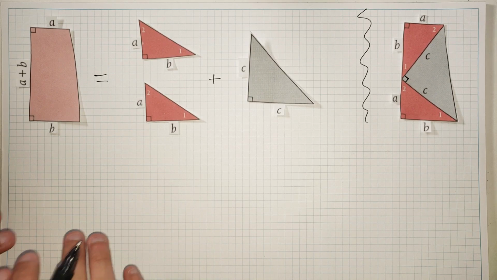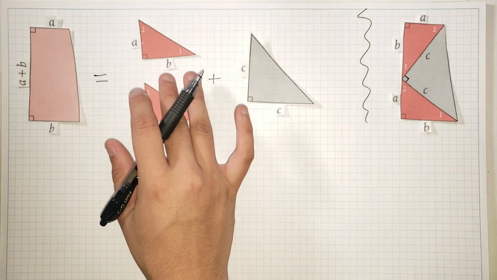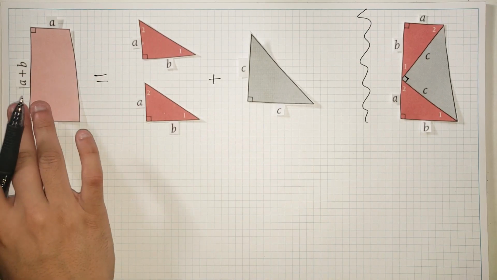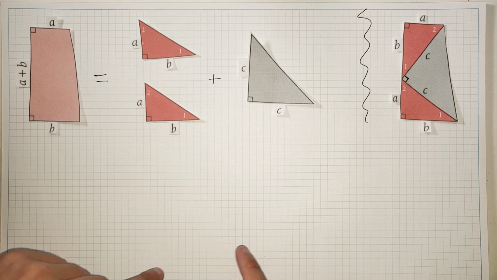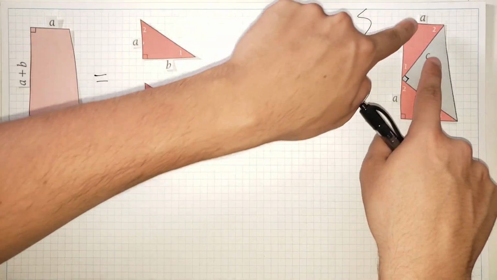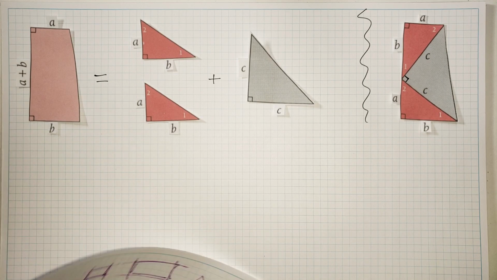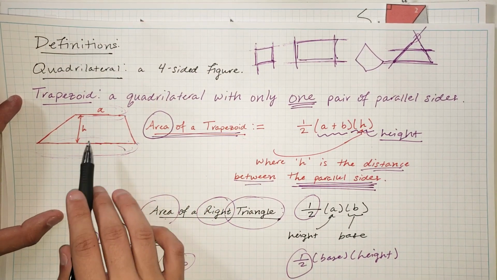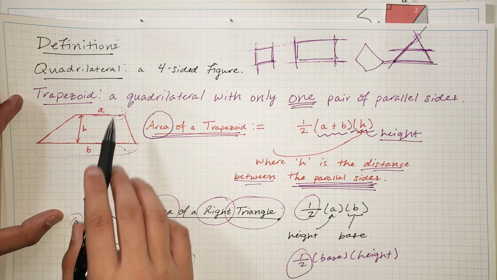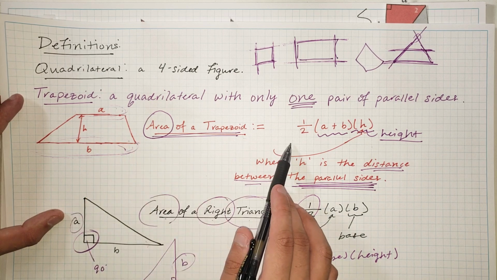Now we have to take into consideration areas. We're going to use the areas of triangles and the area of the trapezoid, and we're going to get to a point in this solution where we have something very nice with these original numbers, A, B, and C. So real quick, let's recall that the area of a trapezoid is the sum of the parallel sides times the distance between the parallel sides times 1/2.